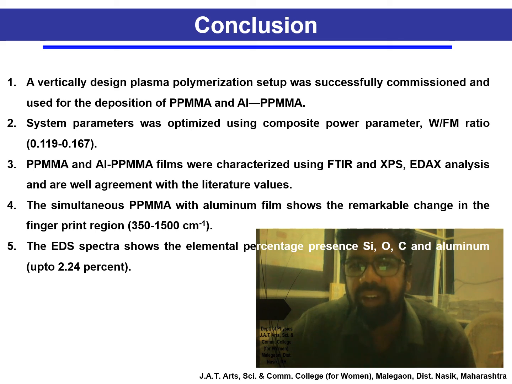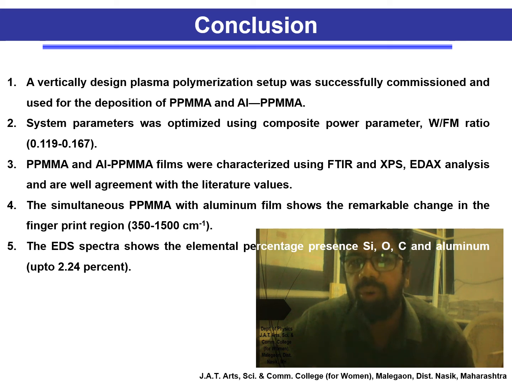The EDS spectra show the elemental percentages of silicon, oxygen, carbon and aluminium. We can measure aluminium up to 2.4%. The XPS analysis shows the elemental composition, the presence of silicon, carbon and oxygen. We could not observe aluminium because it was very small in amount.